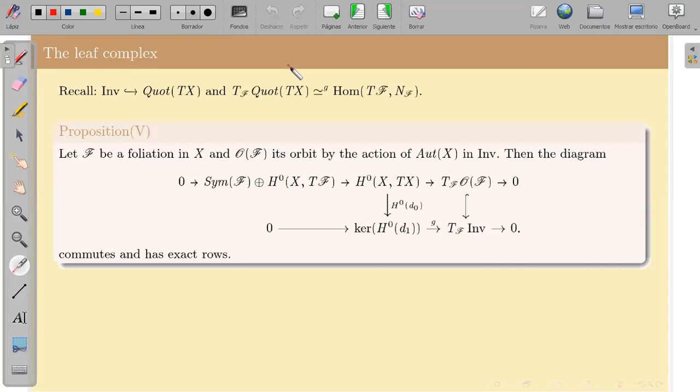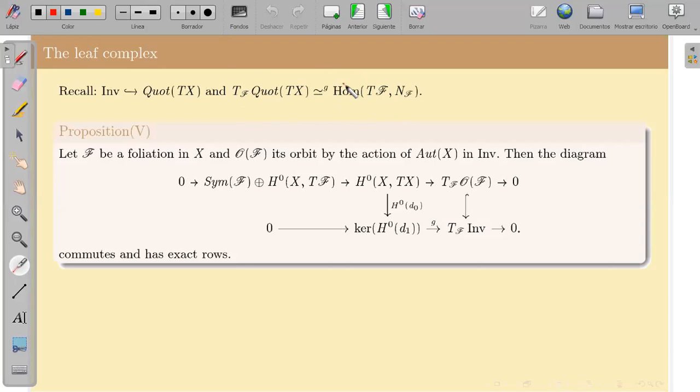Recall that our moduli space is a closed subscheme of the Quot scheme, and we know from the literature that the tangent space to the Quot scheme at a point F is isomorphic to the space of maps between the tangent sheaf and the normal sheaf. So we'll keep track of this isomorphism.